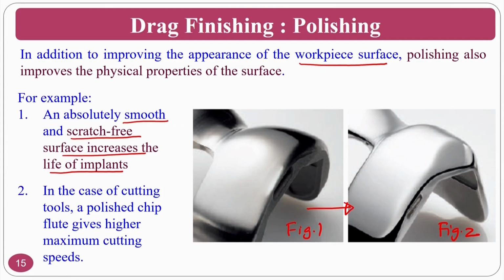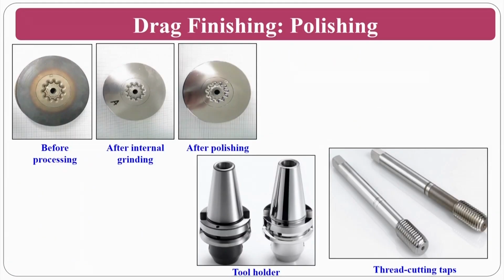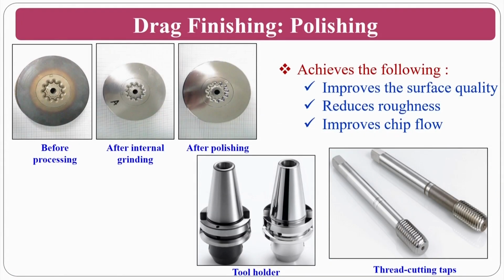In case of cutting tools, polished chip flutes give higher maximum cutting speed. Normally you can also use polishing applications for cutting tools. So, if you see the polishing of these things, this is before polishing application, after internal grinding and after polishing. If you see the transformation from 1 to 2, this is a tremendous transformation of the quality of that particular component.